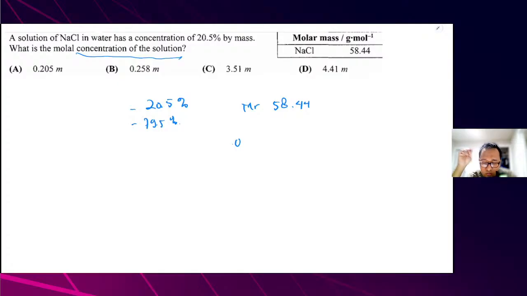So it has a concentration of 20%. What is the molar concentration of the solution?